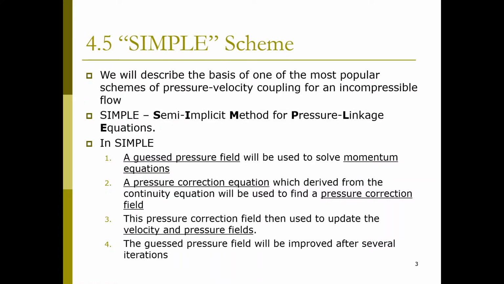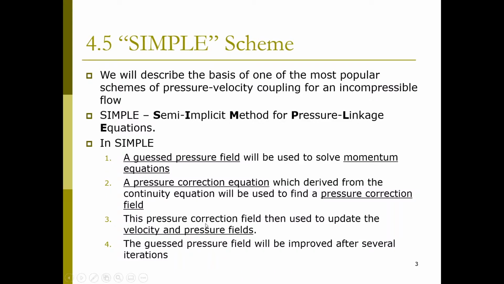Okay, the scheme that is going to be used in this chapter to couple the pressure field and velocity is called SIMPLE, which is a Semi-Implicit Method for Pressure-Linked Equations. These are all the steps. What SIMPLE does is start by guessing the pressure field, which then will be used to solve the momentum equations, and a pressure correction equation then will be derived from the continuity equation and used to obtain a pressure correction field.